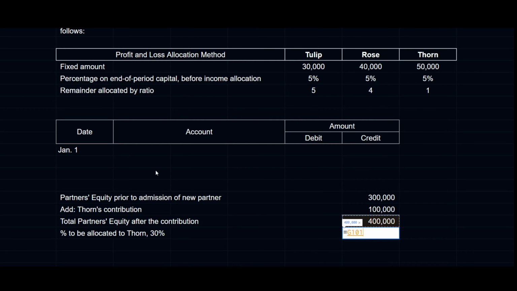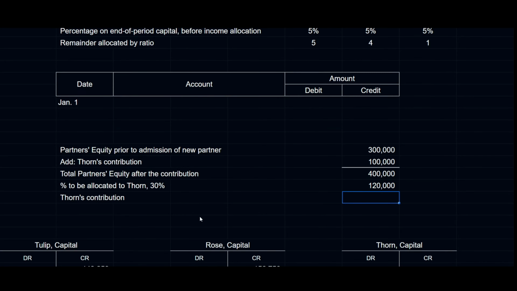So 400,000 multiplied by 30% is 120,000. Okay. However, we know that Thorn's contribution was only 100,000, meaning that there is a bonus effectively being paid to Thorn.